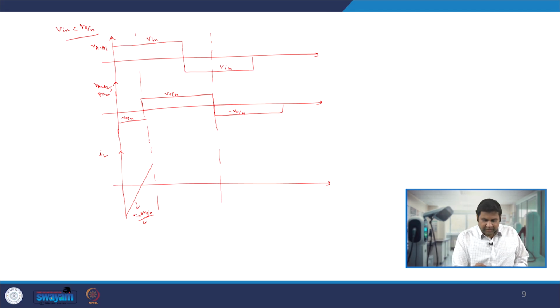Here, if we look, it is V in minus V naught by N, and since V in is less than V naught by N, we have a negative slope which goes like this.